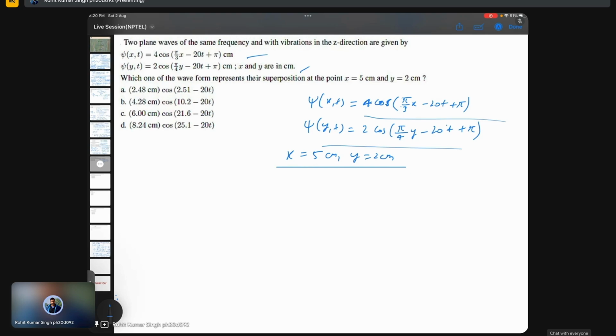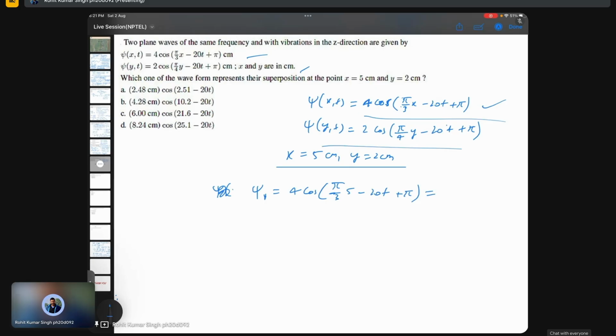So for example, if you put x equal to 5 in this first wave, what you will get is psi, let's call it psi 1. It will be 4 cos of pi by 3 into 5 minus 20t plus pi.